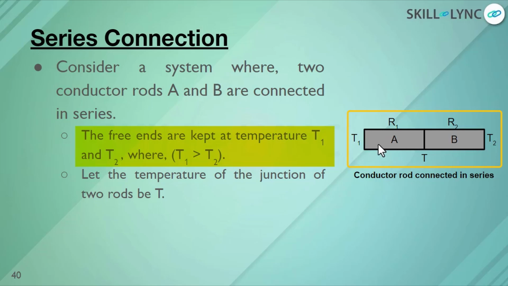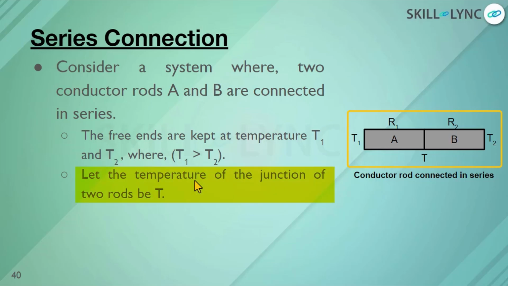So the heat will flow from A to B because the temperature T1 is larger than the temperature T2. Let the temperature at the junction of the two rods be T.